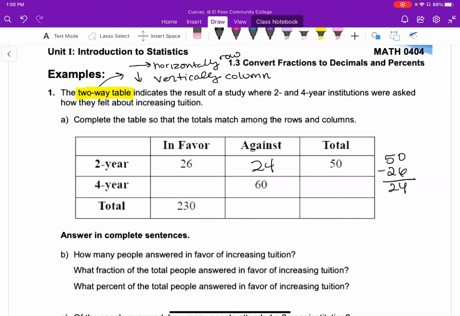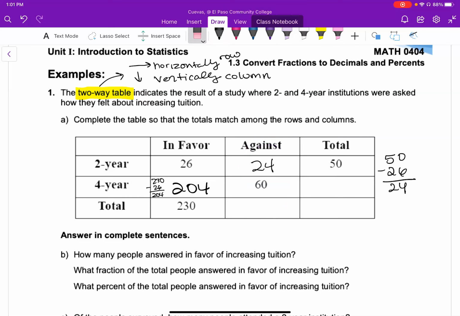Let's use this 230 minus the 26 students that are already there, and we are going to have 204 students missing. Let me write it like this. And now I have this column almost full, and I know how many are at a 2-year and how many are at a 4-year, so I see the total.